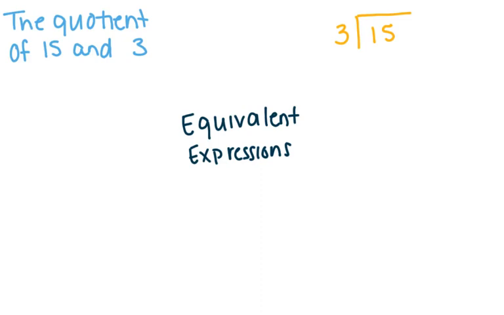The third way, we're going to have 15 divided by 3. And then our last way is the fraction, so it will be 15 over 3. All of these are equivalent, and they all show the exact same thing, and they would all give you the same answer of 5.